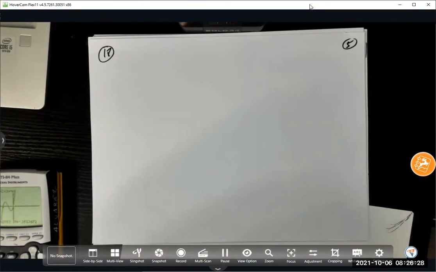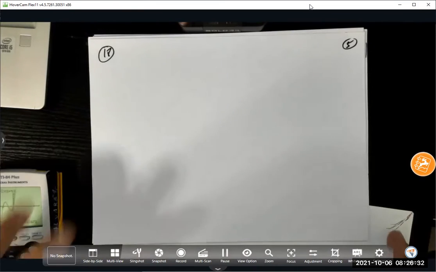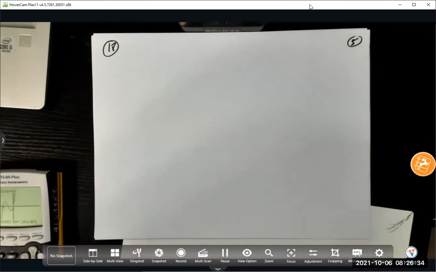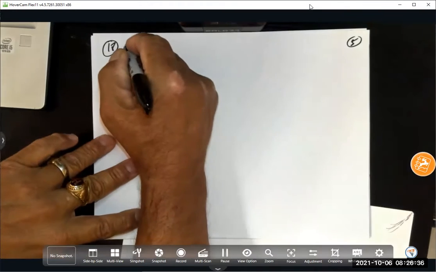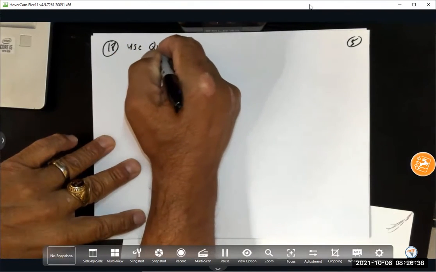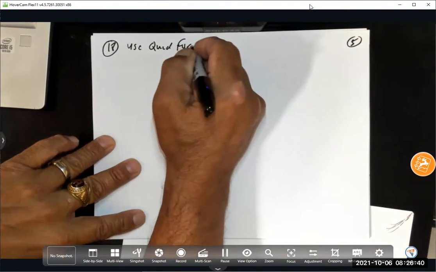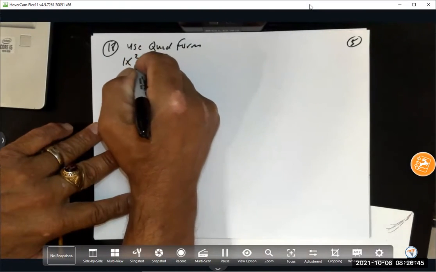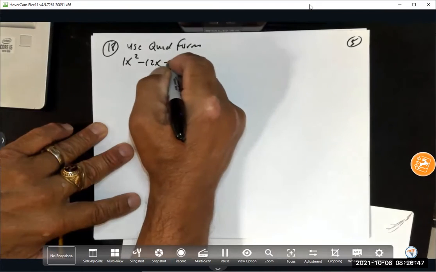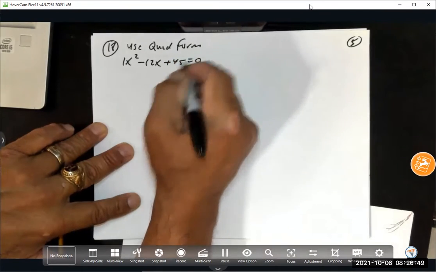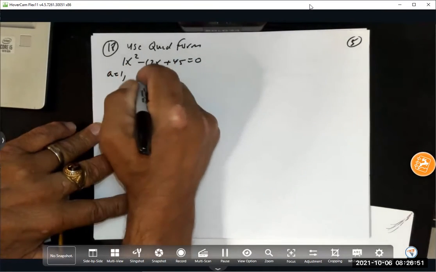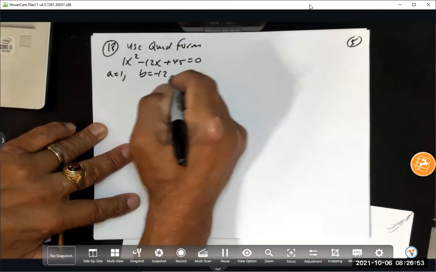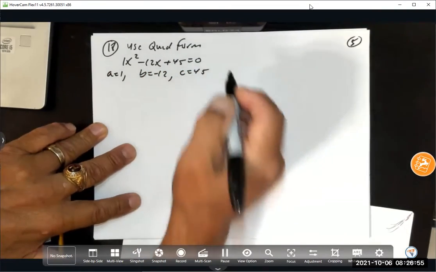18, okay, it says, use the quadratic formula. All right, so you have 1x squared minus 12x plus 45 equals 0. So A is 1, B is minus 12, and C is 45.